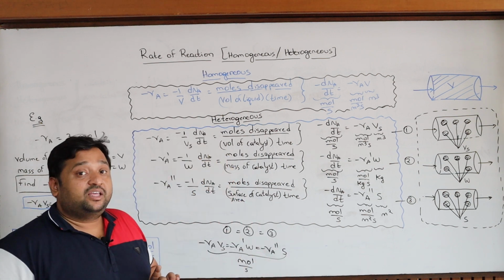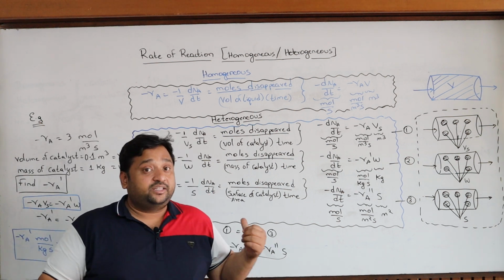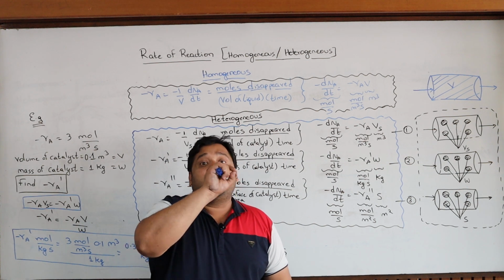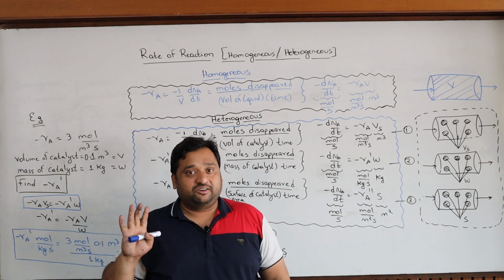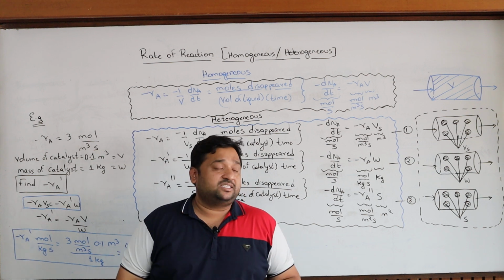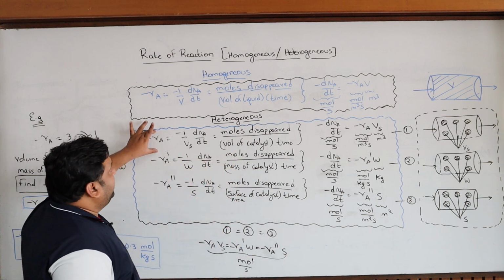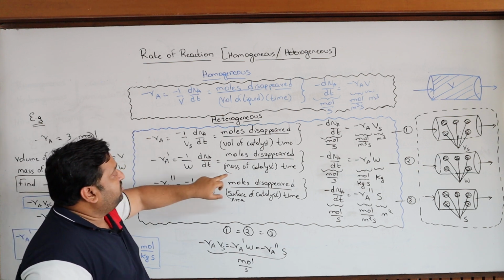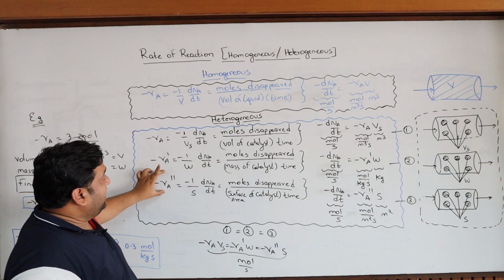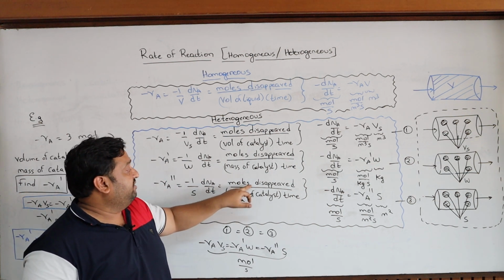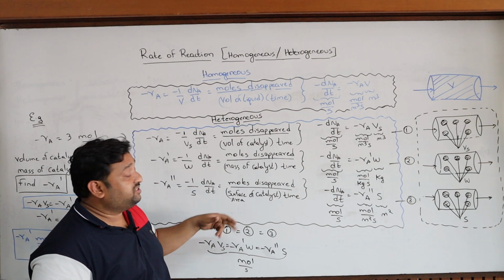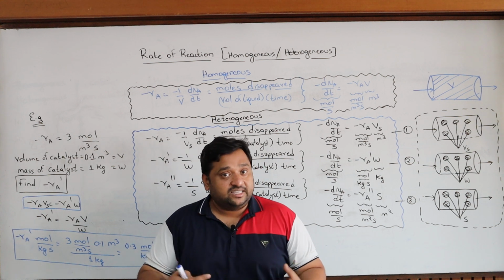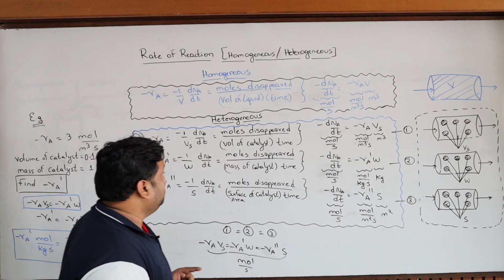Ra double dash talks about the rate with respect to the surface area available inside the catalyst and on the catalyst. That means Ra is the rate with respect to the volume of the catalyst, Ra dash is the rate with respect to the mass of the catalyst, and Ra double dash is the rate of reaction with respect to the surface area of the catalyst. And finally, we are going to relate these three in one equation. Okay, let us do that.